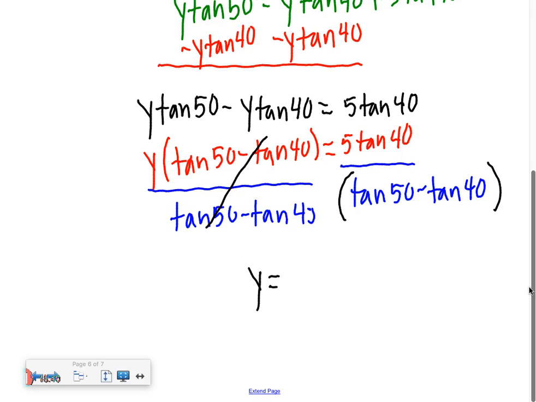Oh, she got it. Parentheses, minus, tan 40. Your numerator, 5 tan 40. Divide. Parentheses. Outside of the denominator. So now we're going to end that parentheses there. Minus.